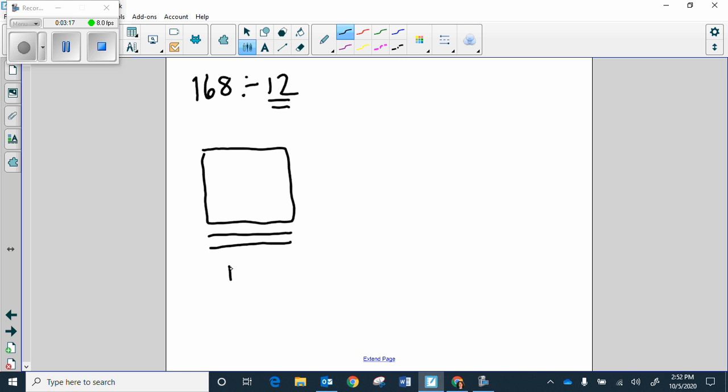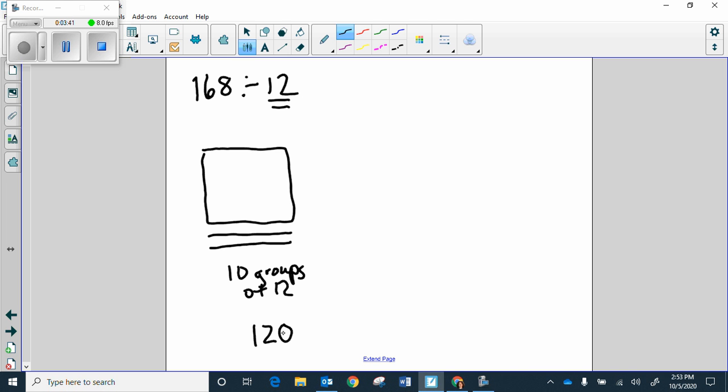All right, so 10 groups of 12, that really is the same as saying 120. This picture represents 120. So I'm going to count up to 168 from 120.